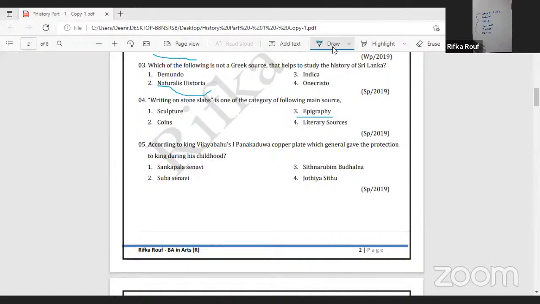So children, remember, King Vijayabahu's childhood name was Prince Kirti. After the Anuradhapura kingdom was captured by the Cholas, this Buddha Raja gave protection to the prince and his family in Ruhunurata.